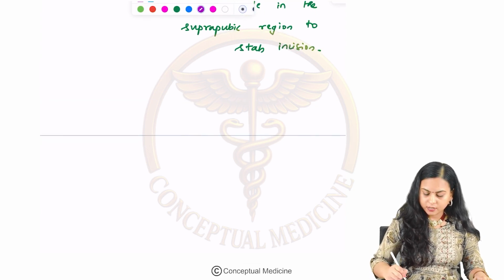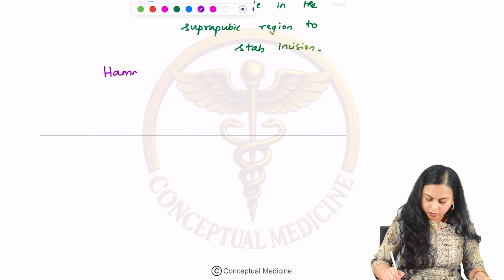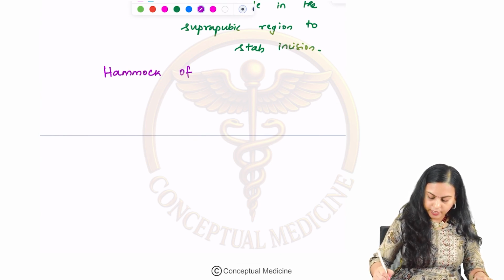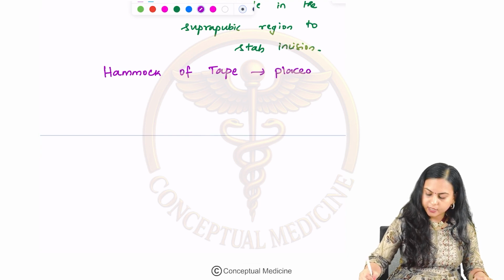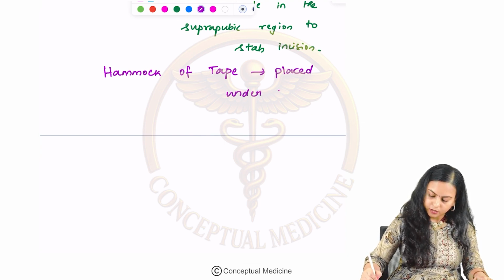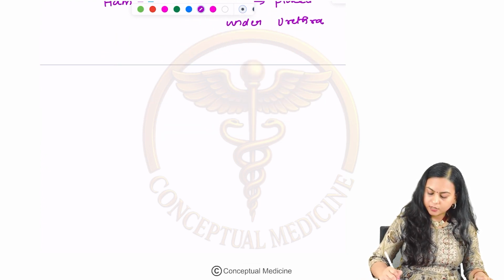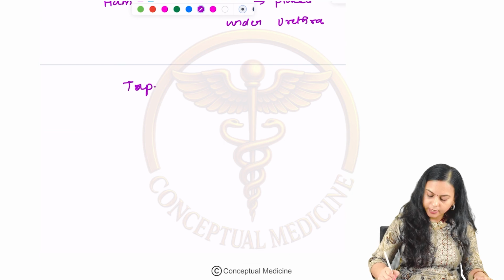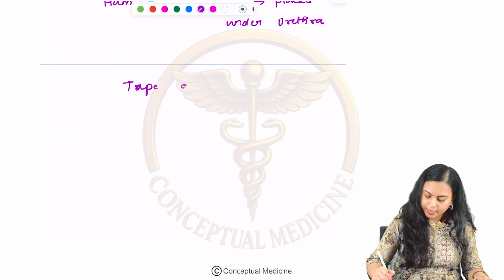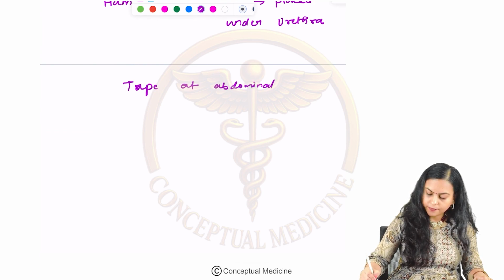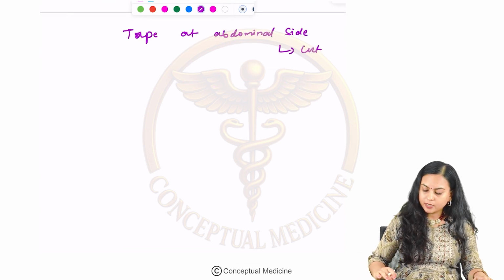So, while doing this, a hammock of tape is placed under the urethra and the abdominal ends of the tape are cut.